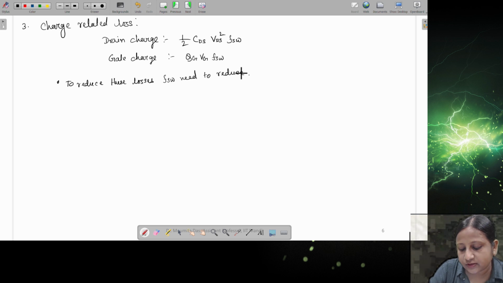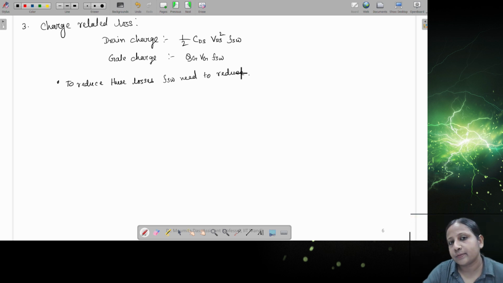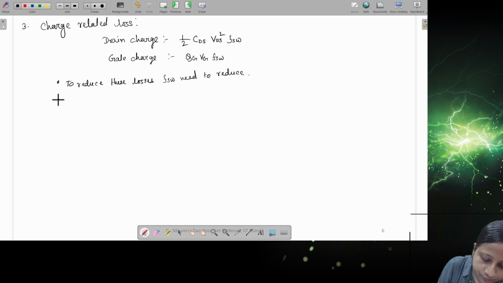Now if we reduce the switching frequency, then that will increase the passive component size, so this is not desirable. The input voltage, output voltage and gate voltage are fixed. The other things are the gate charge or CDS and the switching frequency. We can reduce the switching frequency, but that is not possible for a high power density system because we are going for high frequency operation.